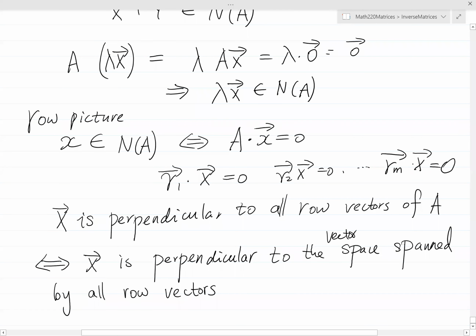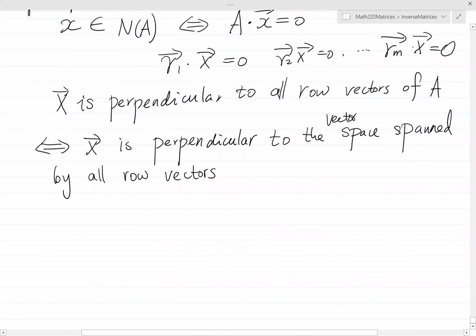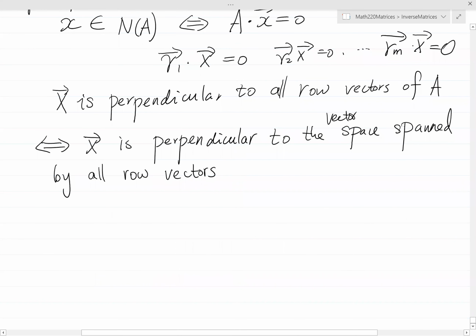Okay, let's see some examples. Let's see this example.